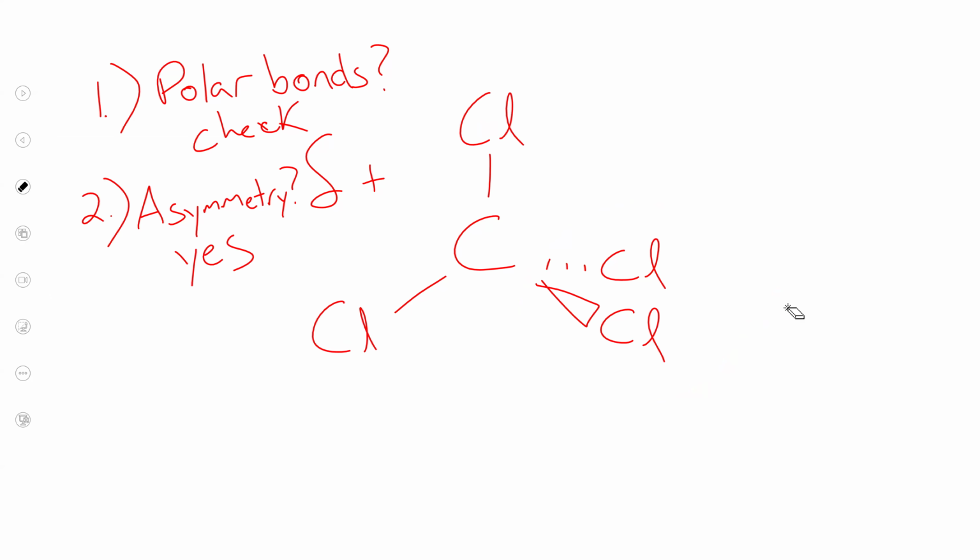If it's perfectly symmetric, if all 4 things around the carbon are the same, we can't have an overall partial negative anywhere because it's our NFL teams playing tug of war with each other. They're not really going to make much headway because they're all equally strong. And so this is not a polar molecule. As soon as one of these is changed to something else, it's polar.